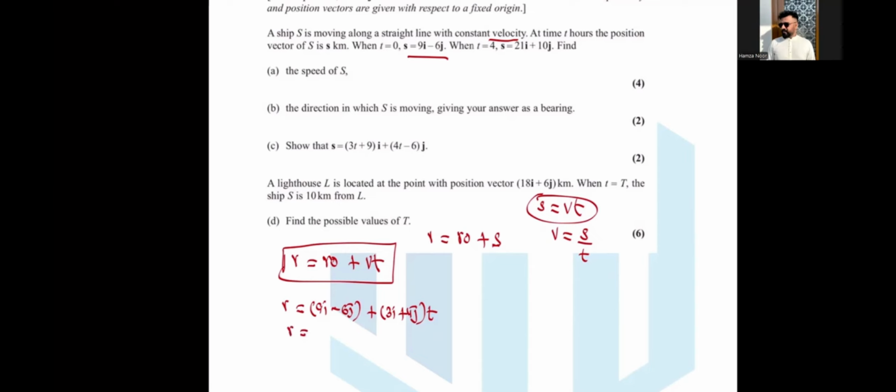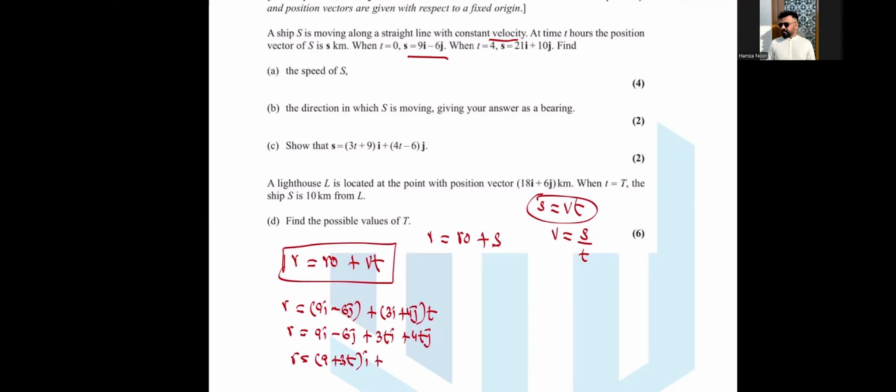So r is equal to what? We are going to expand this. So 3ti plus 4tj. Taking i as common, we'll be left with 9 plus 3t. This is the i component.